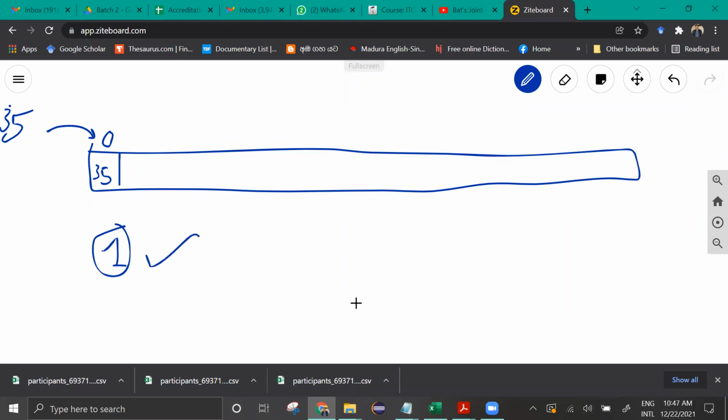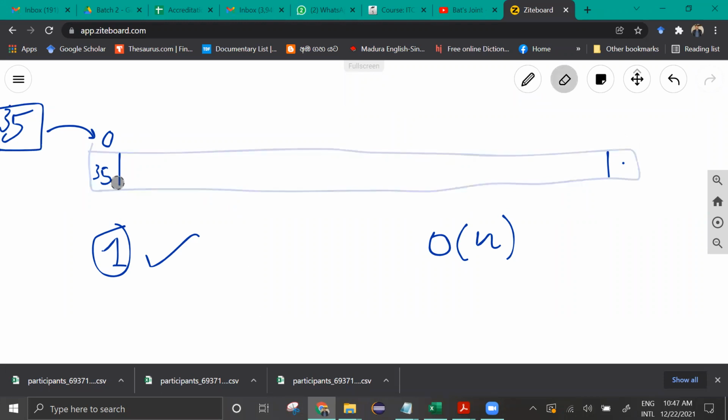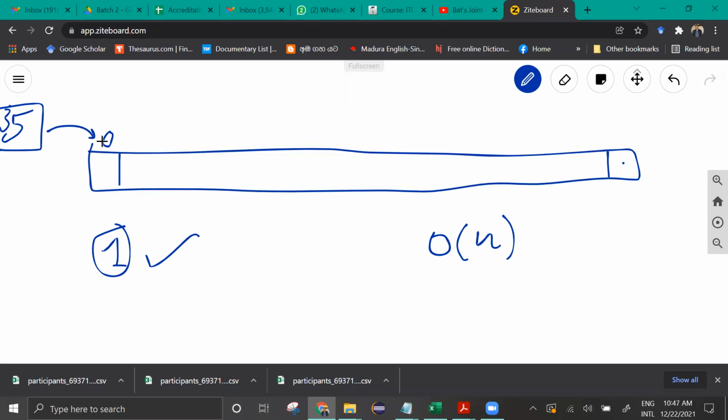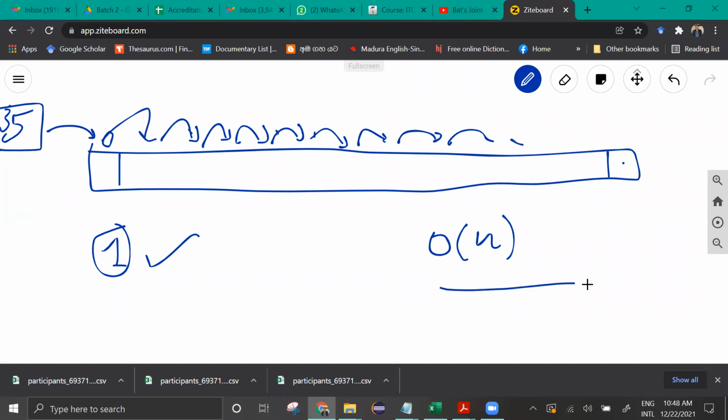However, when we give the time complexity, we have to give the worst case. The worst case would be that the value we are searching for is not in the array. Then we have to iterate through the whole array. So that's why it is big O n.